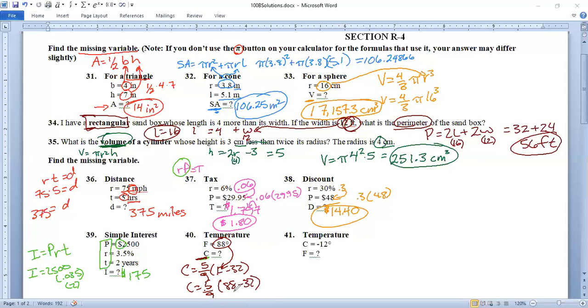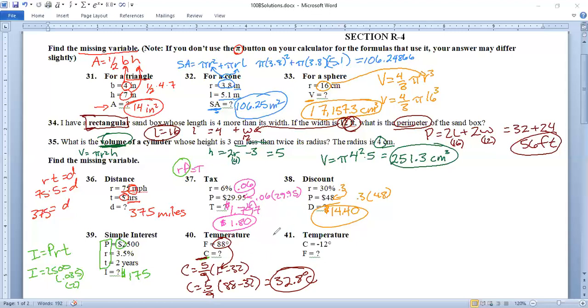So 88 minus 32 is 56. So 56 times 5 divided by 9, which is times 5/9, and we get 32.777777. So 32.8 degrees.